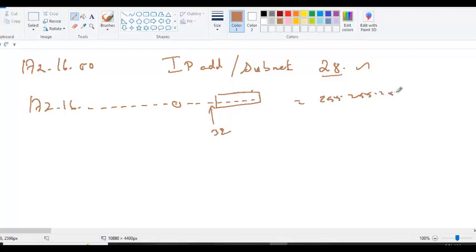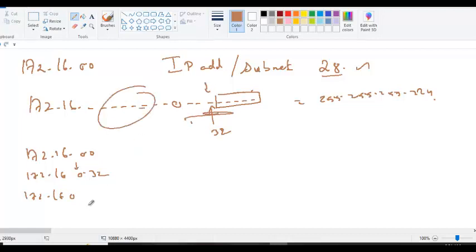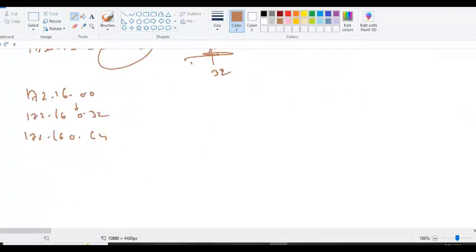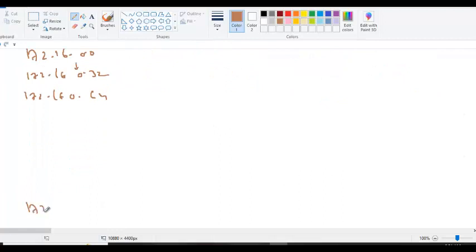172.16.0.0, 172.16.0.32. You should not put 32 here, okay? Because you're giving from the 4th octet, not from the 3rd octet. 0.64, it goes like that. Now, what will be the last one? 172.16.255.224, which we don't use. 255 dot, now this should be subtracted by 32, and you get 192.